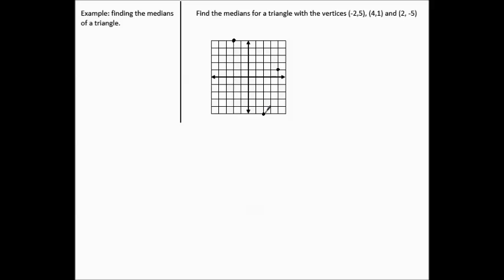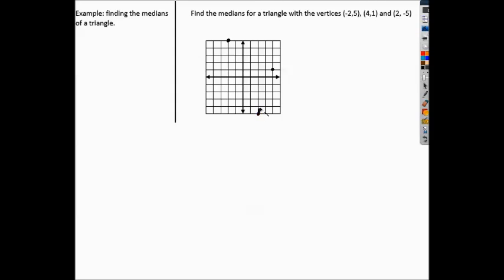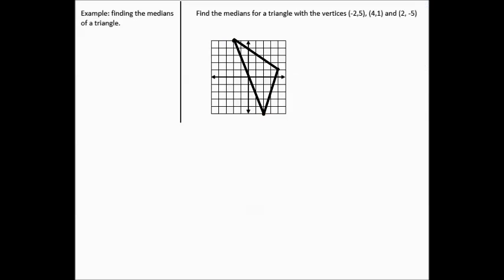So when we connect the sides of this triangle, we can then find the median, that is the midpoint. In order to find the midpoint, we can check either the vertical distance, 1, 2, 3, 4, 5, 6, 7, 8, 9, 10.